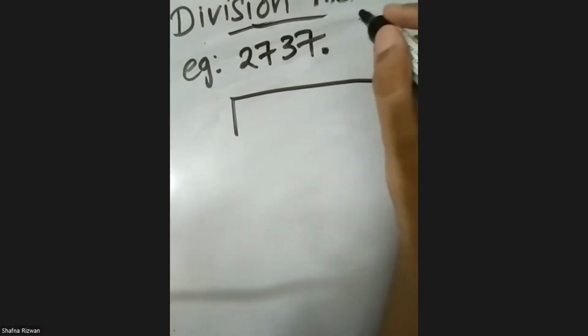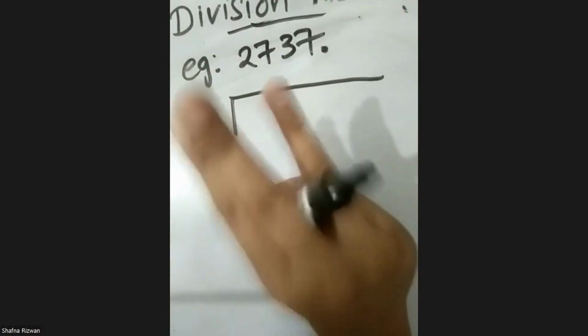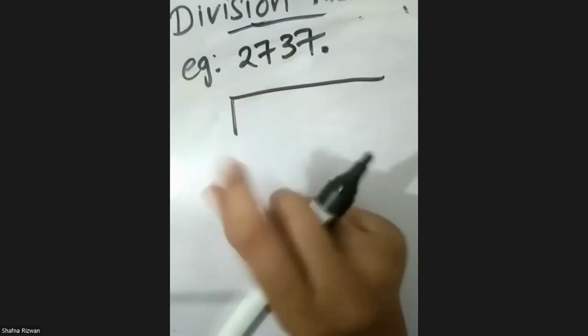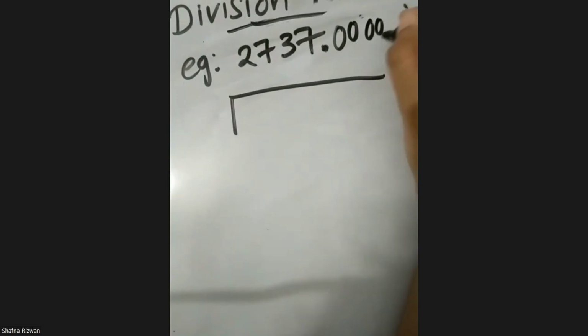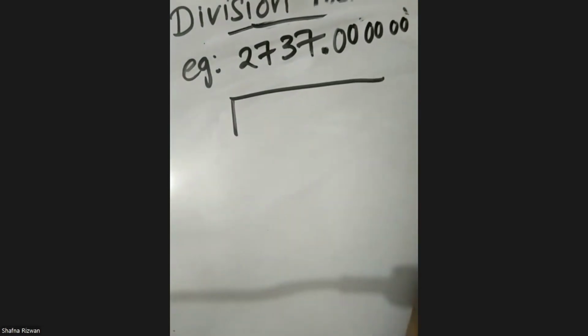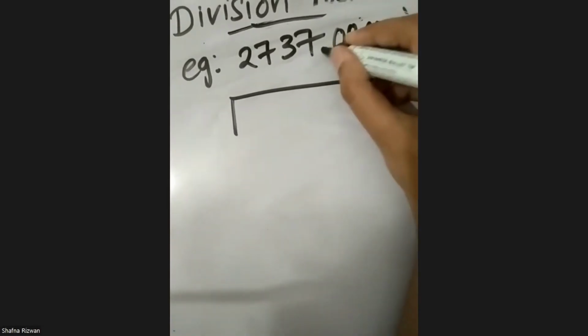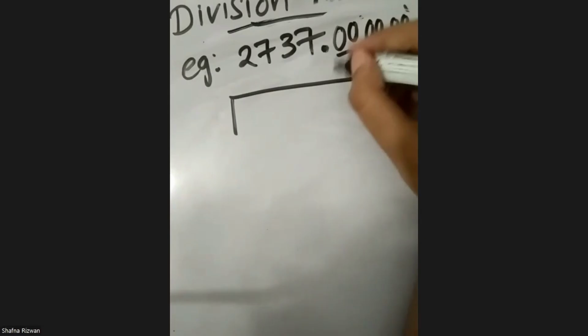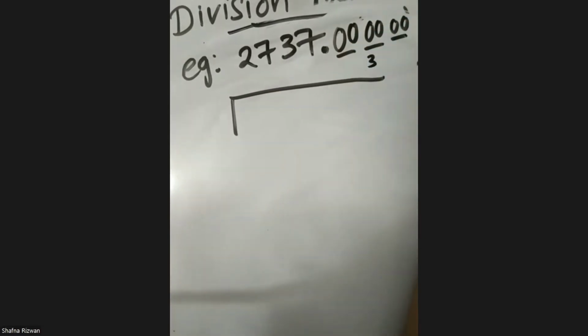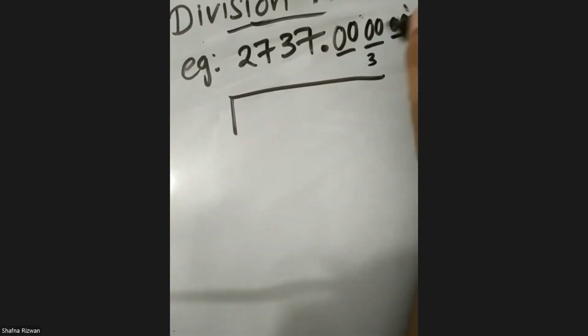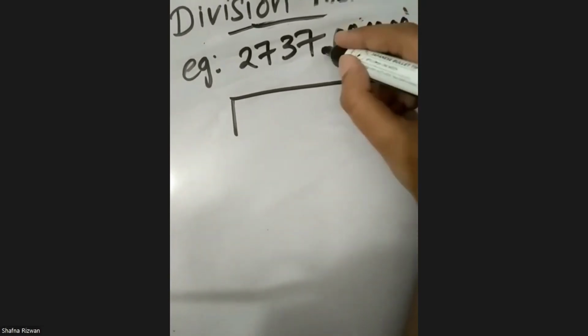To do that, bring three pairs of zeros: one pair, space, another pair, space, another pair, after your decimal. Then you are getting three decimal places. This is how you have to do it.